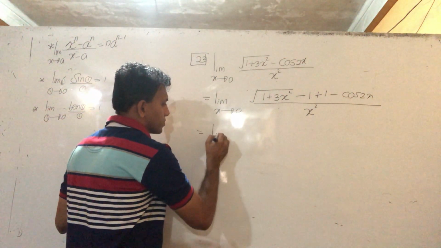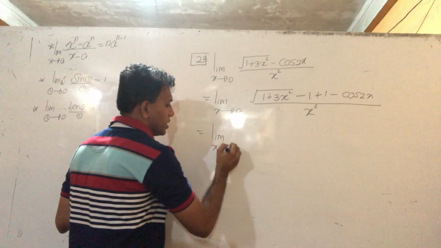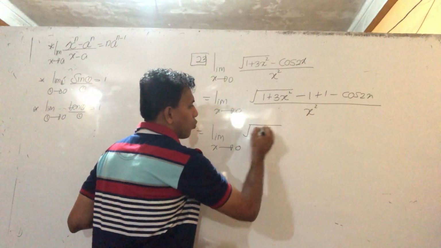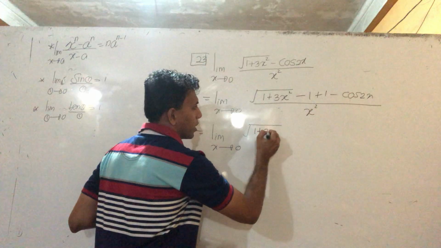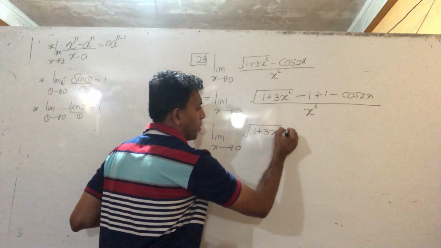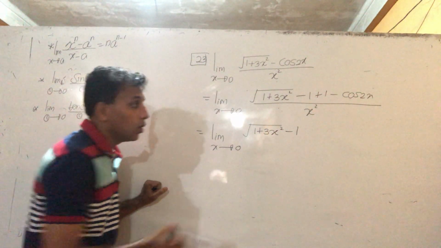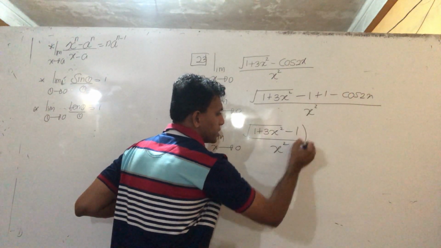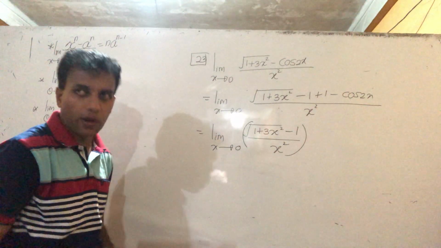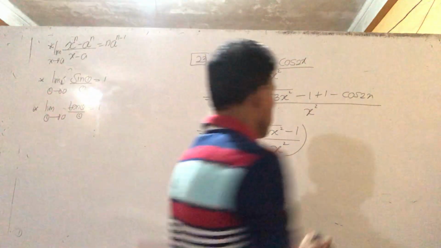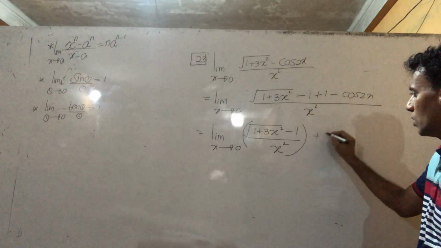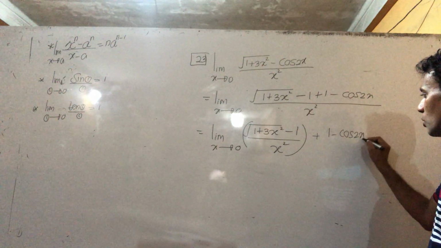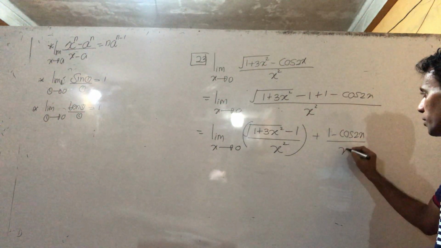Limit x tends to 0 of square root of 1 plus 3x square minus 1 over x square. This is one part of the problem. The other one is 1 minus cos 2x over x square.